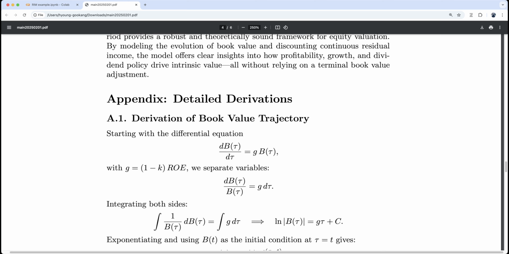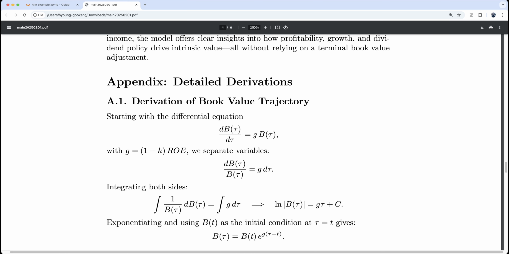Now, starting with the differential equation, for example, dB_t = g B_t dt, where g is the retention ROE. Then we separate variables, something like this. Then integrating both sides. Remember, on the left hand side, this is the differentiation of the log function.